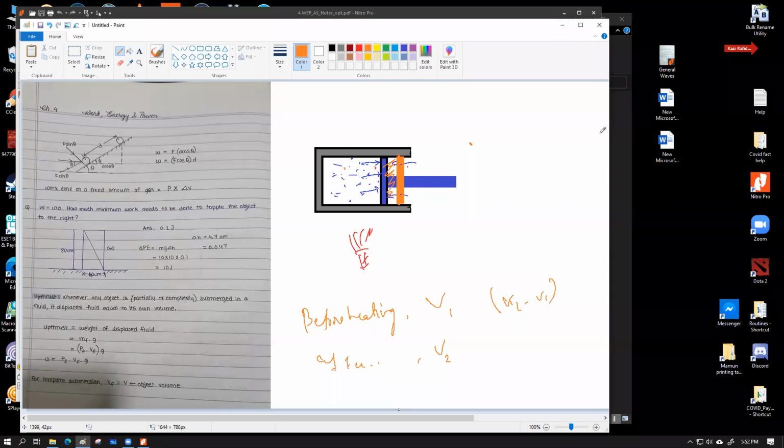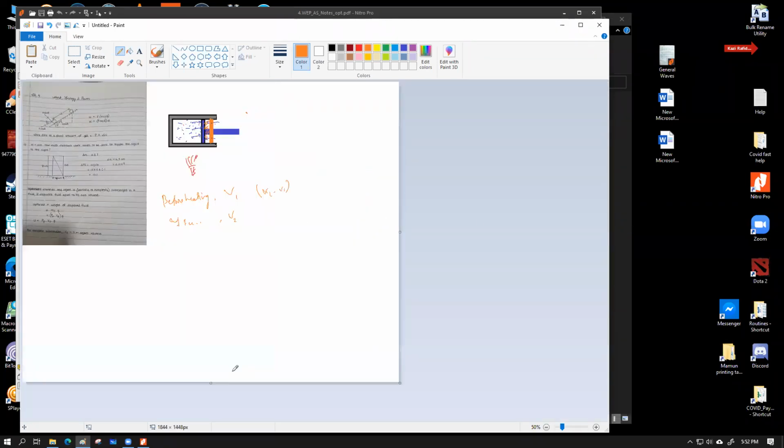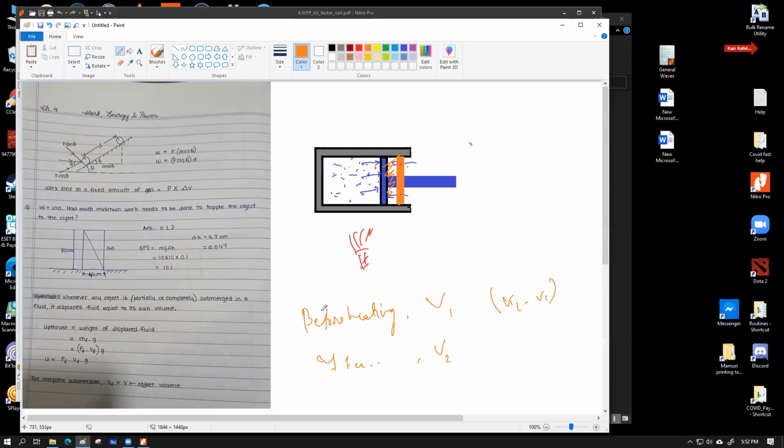So I need to increase my workspace. Okay, so what you can write in this case, therefore, is work done by the gas on the atmosphere, which can be given by pressure into delta V. In this case, you have to understand that the work was done by the gas on the atmosphere, so work is going out of the system.